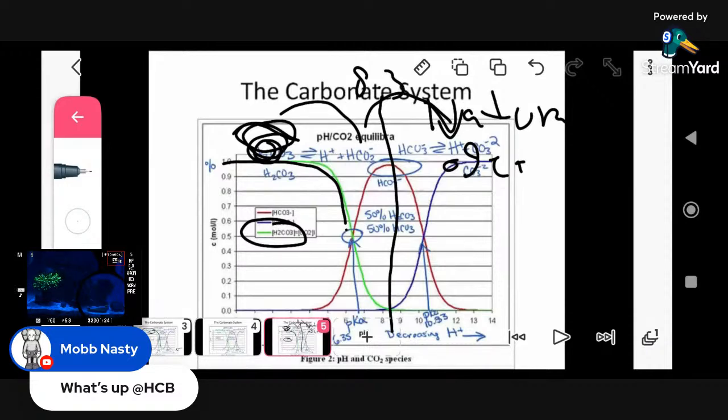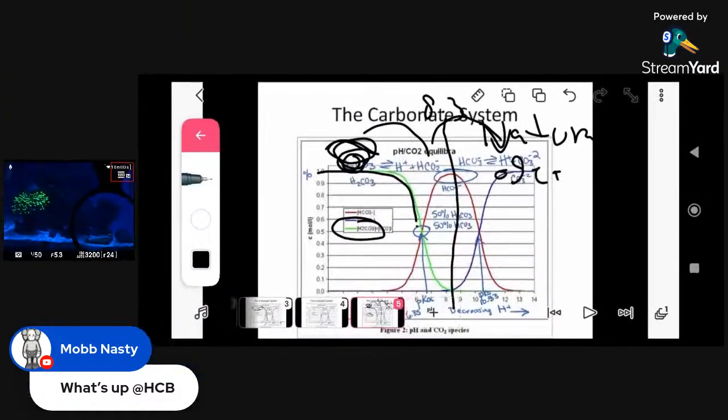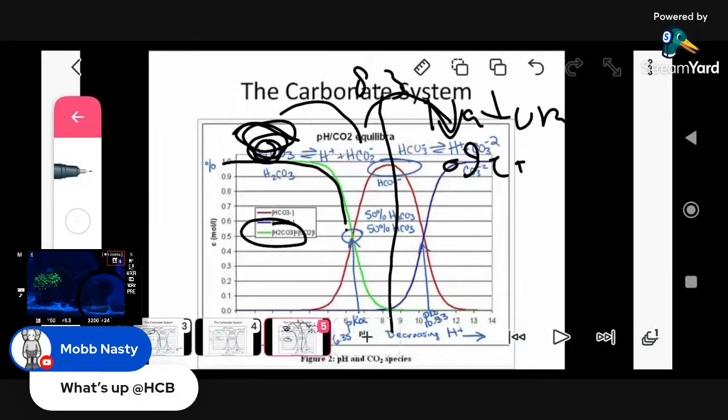So when the pH is low in natural seawater, let's say the pH of your tank is low. Let's say the pH of my tank drops to, let's say, 7. Let's get the scale back up.